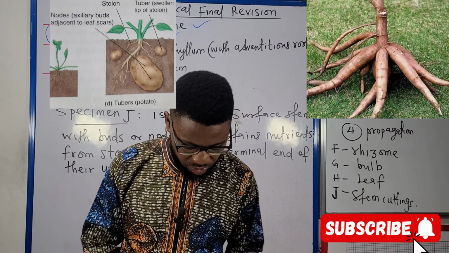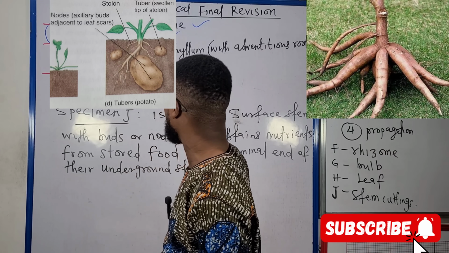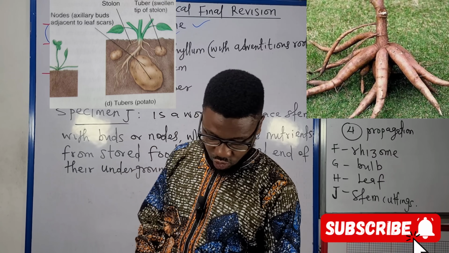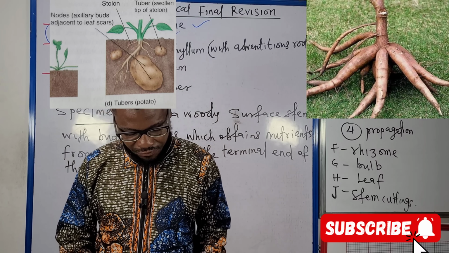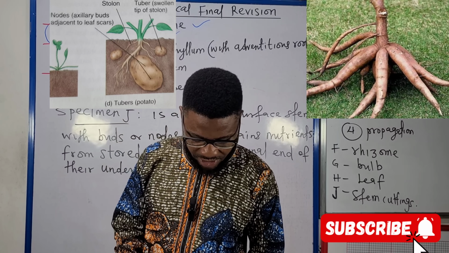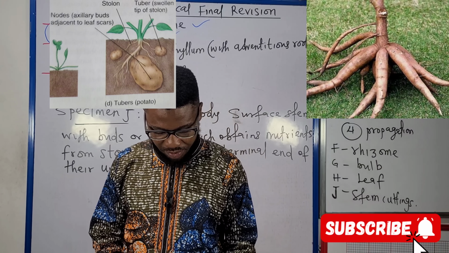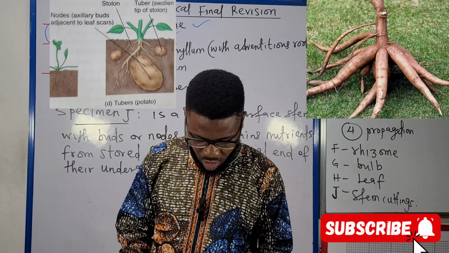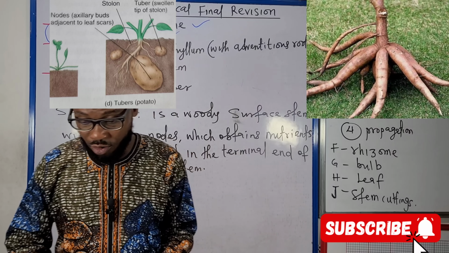Okay, talking about specimen J, we are looking at the cassava tuber. If you look at the tuber, usually on the ground, it has a terminal bud and then the axillary bud, otherwise known as the eye of the tuber.